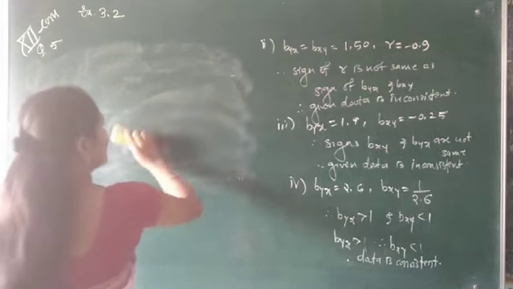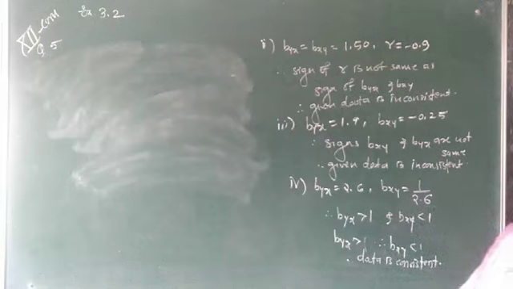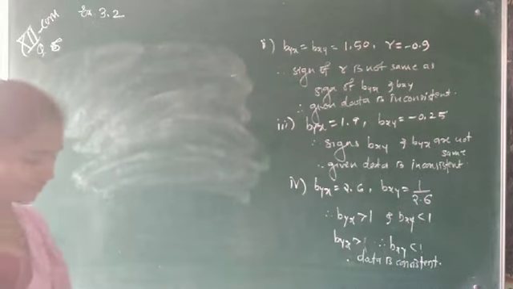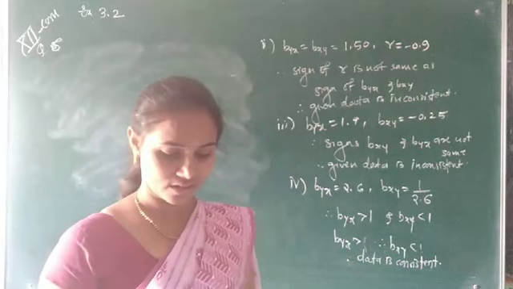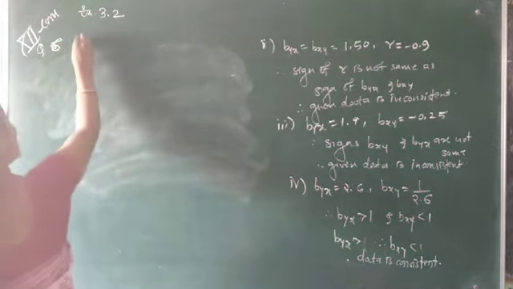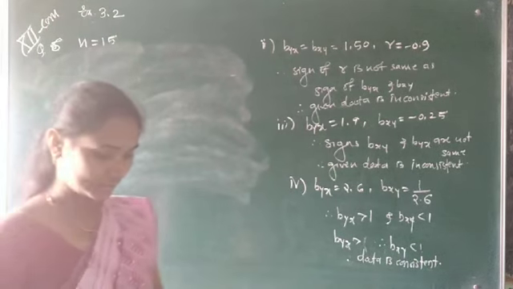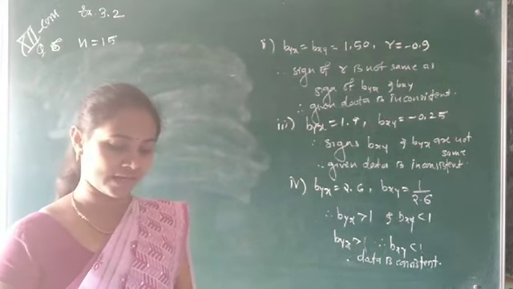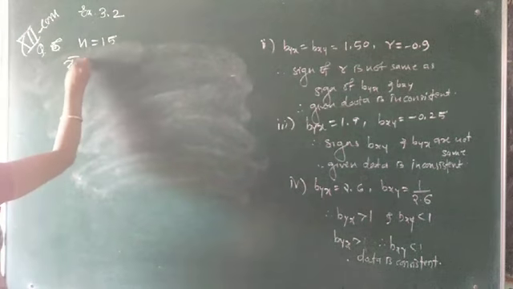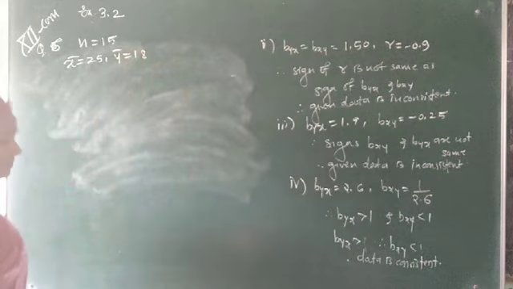That means here we have been given all the information. So let us consider question number 6. First we have two variables x and y and 15 observations, so n is equal to 15. Second, the sample means of x and y are 25 and 18: the mean of x, x bar, is 25 and the mean of y, y bar, is 18.